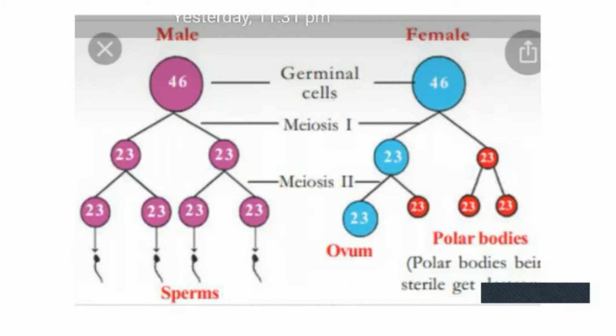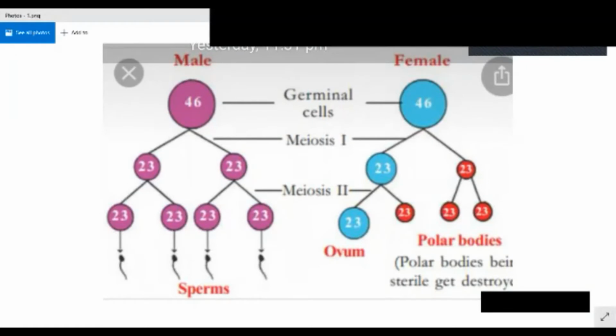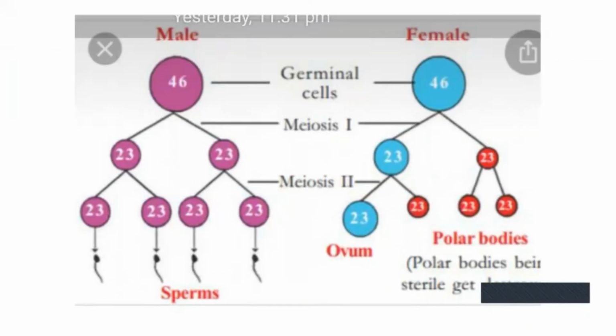So the 46 chromosomes in the male get divided into two nuclei, each with an equal number of chromosomes. That is, each cell will have 23 chromosomes, and each daughter cell again gets divided into two.